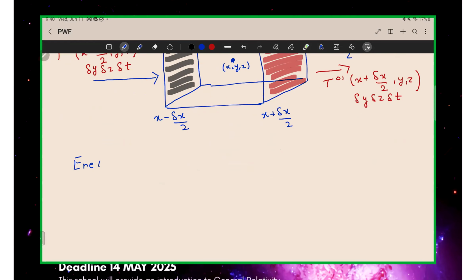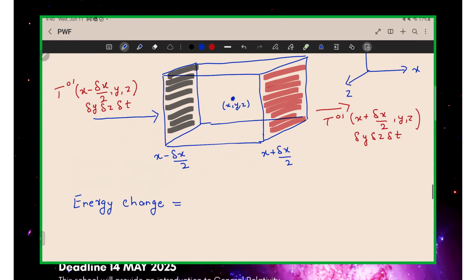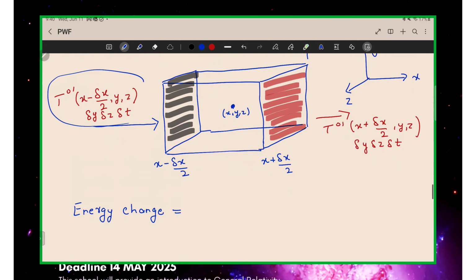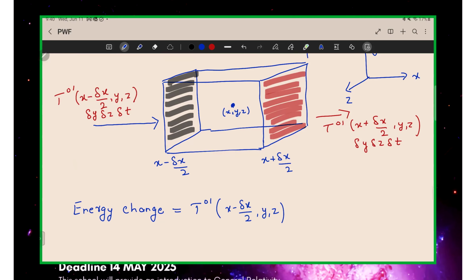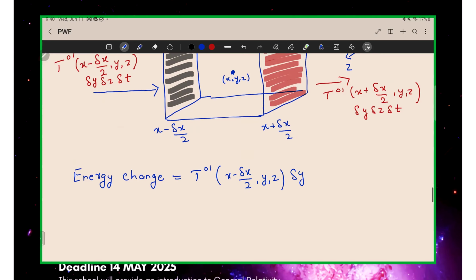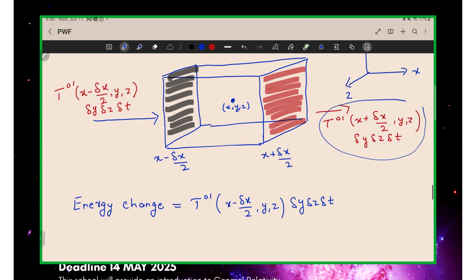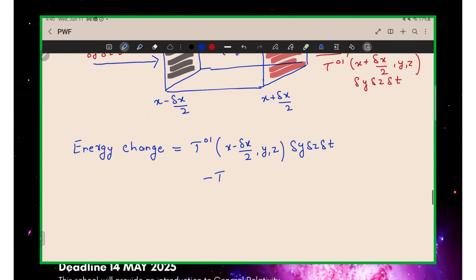So energy change equals, now this is bringing in energy, which means that it's a positive change. So it is equal to T01 at X minus delta X over 2, Y, Z times delta Y delta Z delta T. This is a negative change because it's taking energy out, so you have to subtract this.